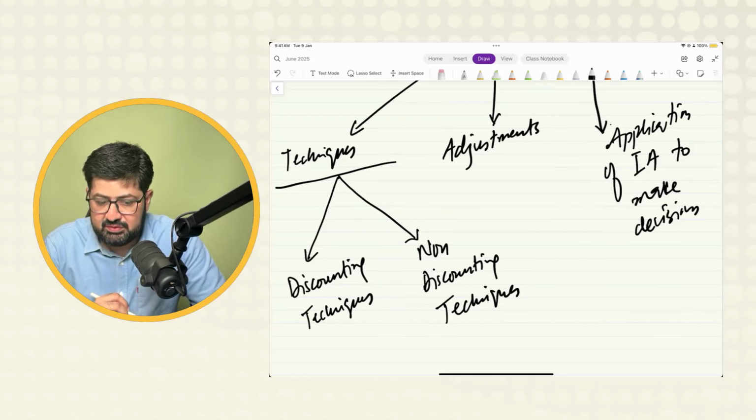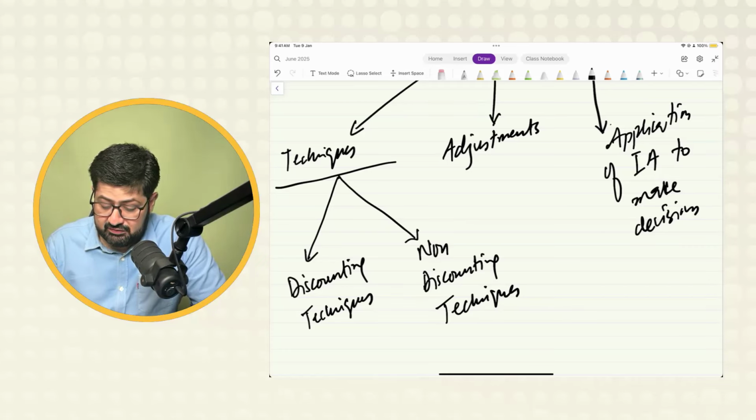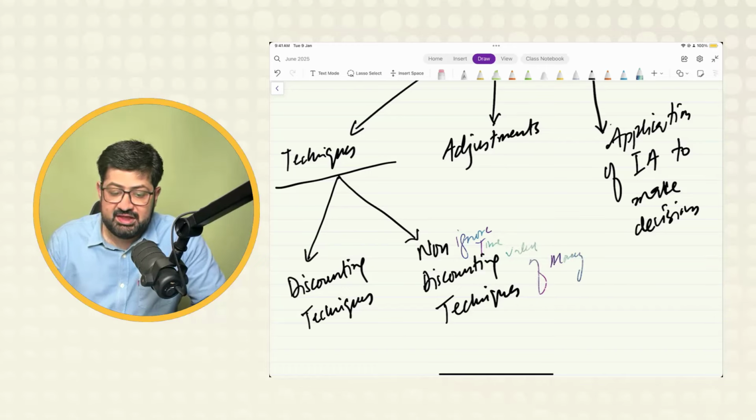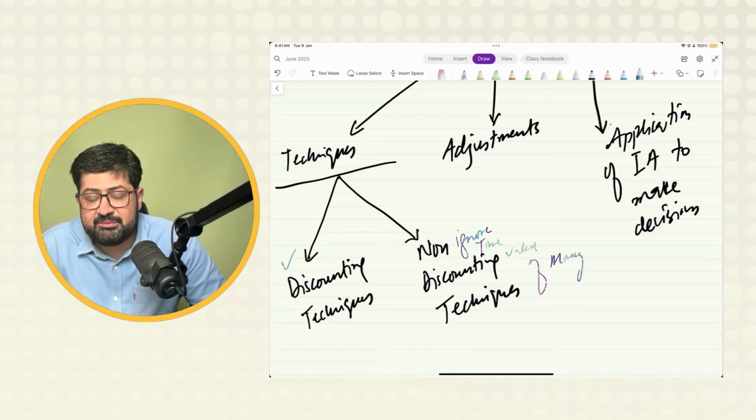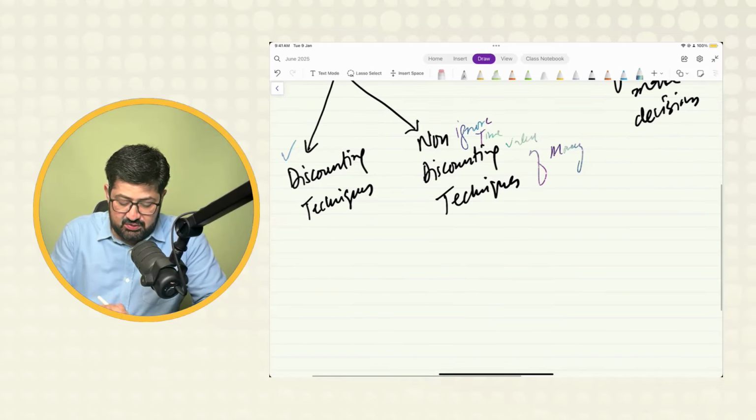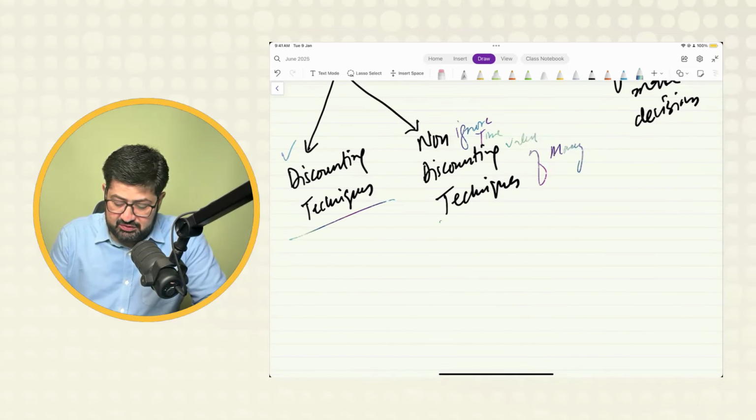The name tells its story. Non-discounting techniques are not talking about time value of money, so they ignore time value of money, and discounting techniques consider time value of money.